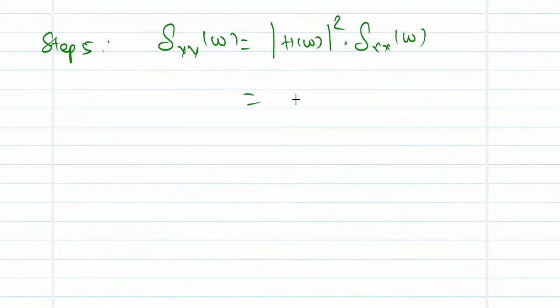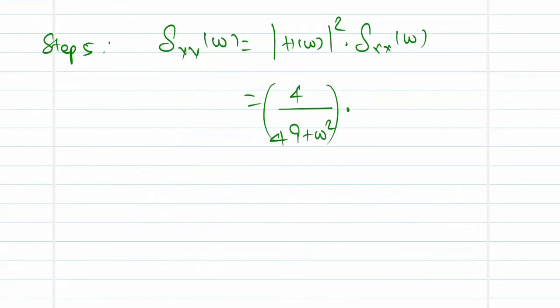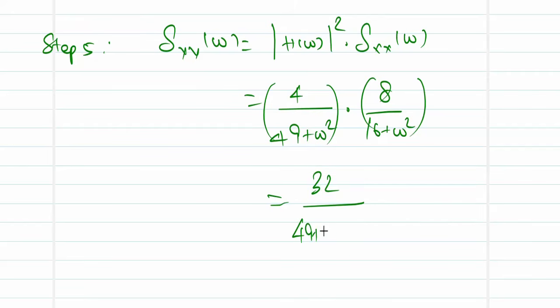So replace it over here, 4 divided by 49 plus omega square. And this part sxx of omega, what we had was 8 divided by 16 plus omega square. Now multiplying 8 fours are 32 by 49 plus omega square, and 16 plus omega square makes it the output power spectral density syy of omega. That's it. Thank you.